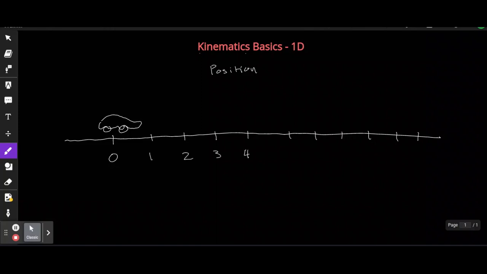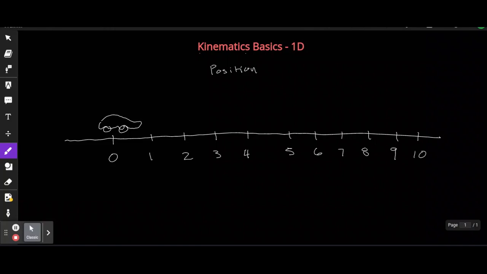Let's say that I have a car traveling on a flat landscape, because right now we're in one dimension, and I assume where it starts is position 0. This car begins to travel at a certain speed and passes through these positions until it runs out of gas.